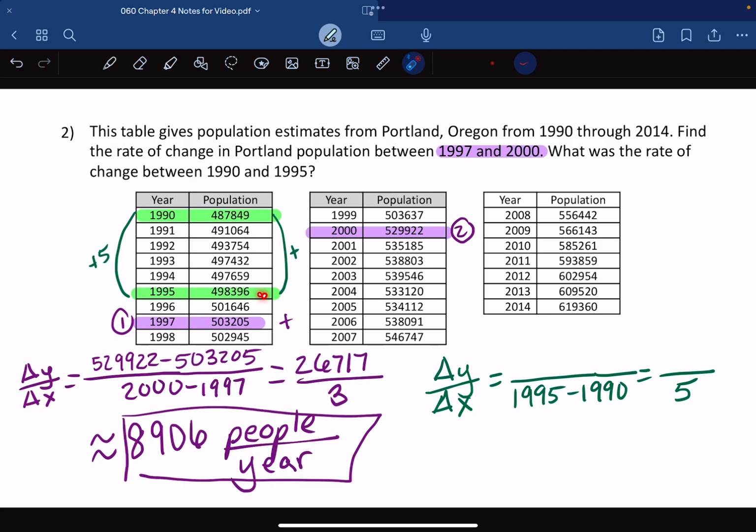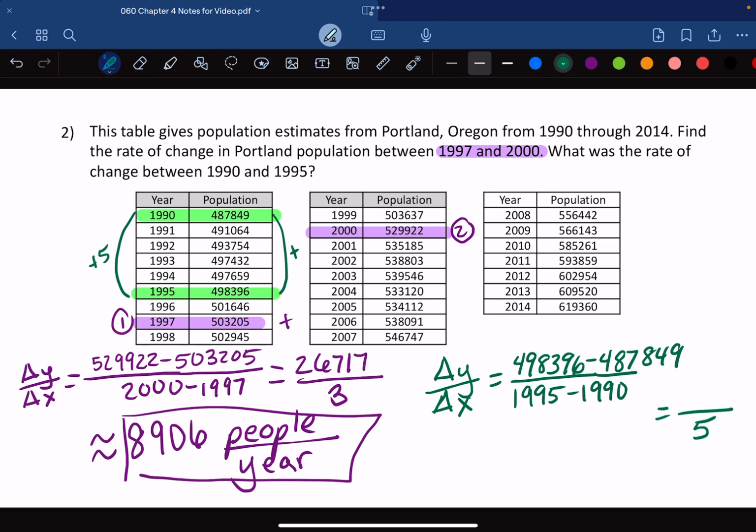And I can get that difference from subtracting these two numbers. And when I subtract them, I get 10,547.